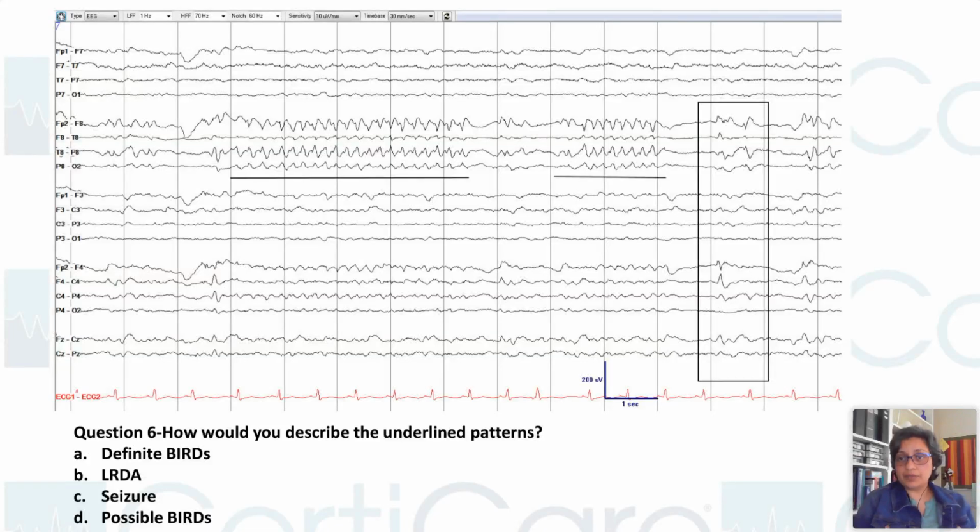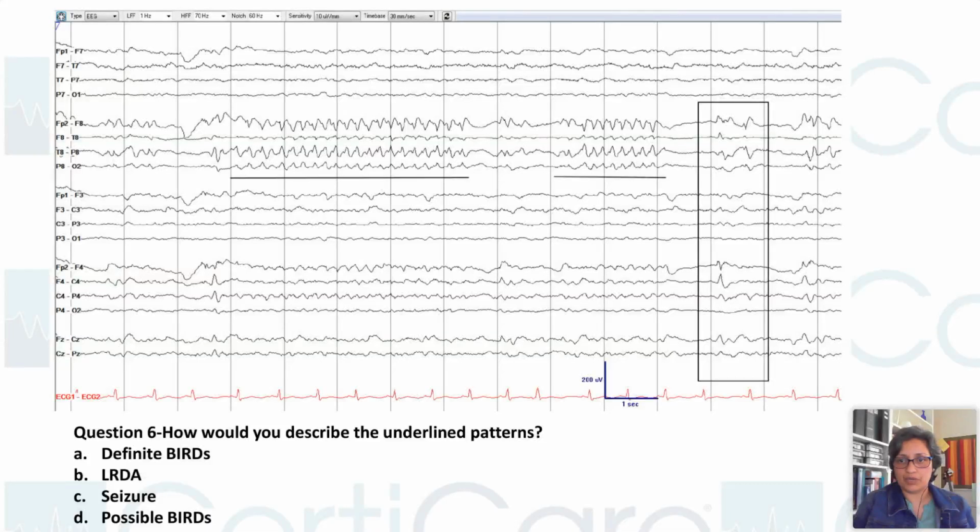These are definite BERDS. Before we come to the explanation, let's say why it is not lateralized rhythmic delta activity. If you see, it is rhythmic theta activity, 5 to 6 hertz. So LRDA is out of the question. And then they are not possible BERDS. If you look at the rectangle here, these epileptiform discharges which are closed here, definite BERDS appear at the same location and are of the same morphology as where epileptiform discharges are appearing.